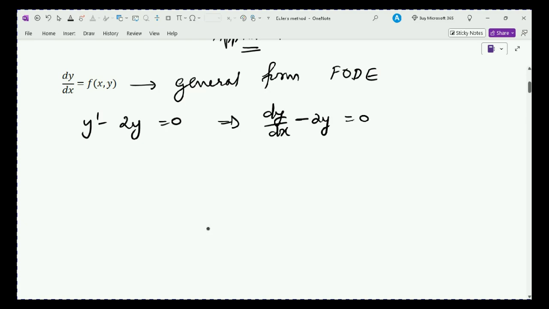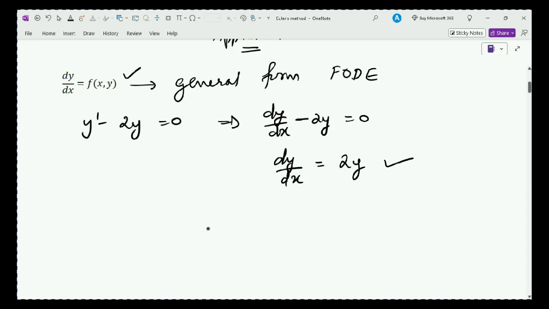If you want to write this in general form, this will look like dy by dx equal to 2y. Now this equation is written in general form.